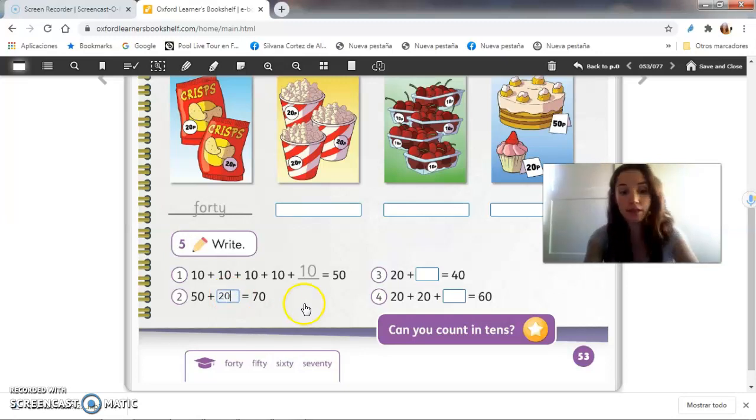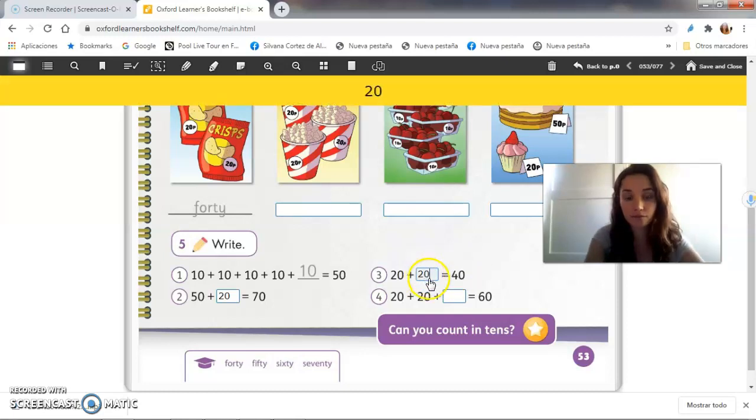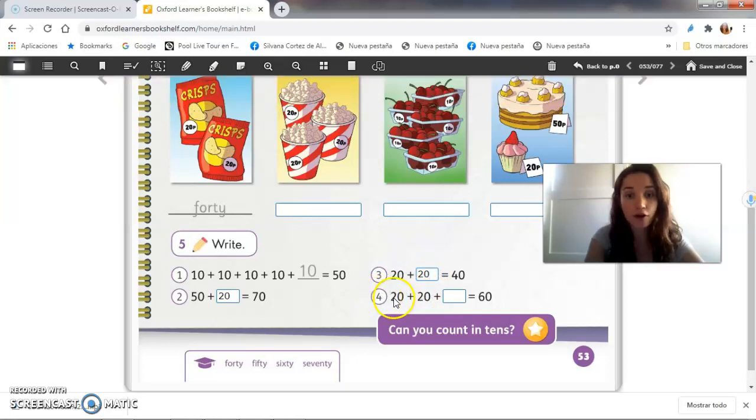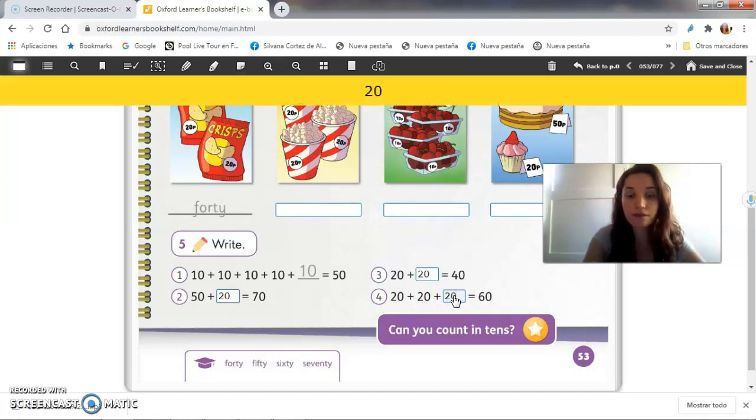And here, number 3. 20 and 20, very good, is 40. And finally, number 4, 20, 20, and yes, 20 is 60. Very good.